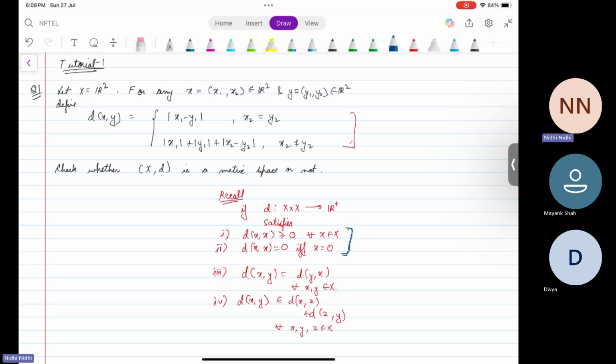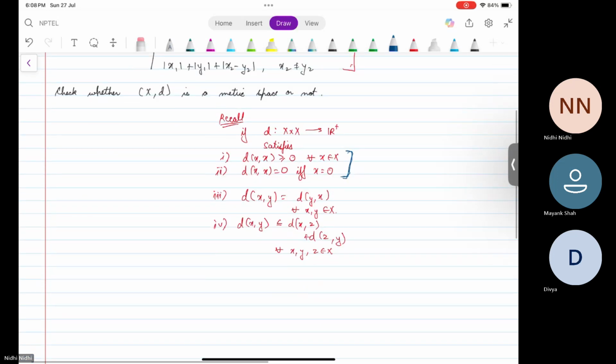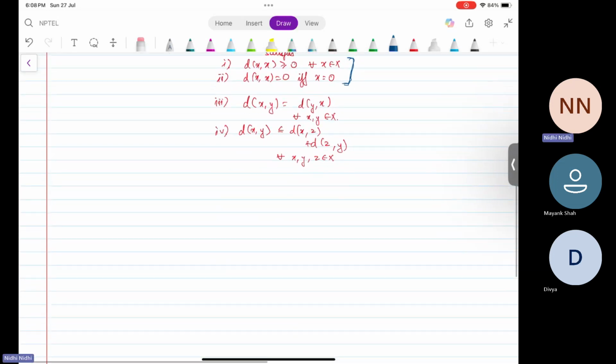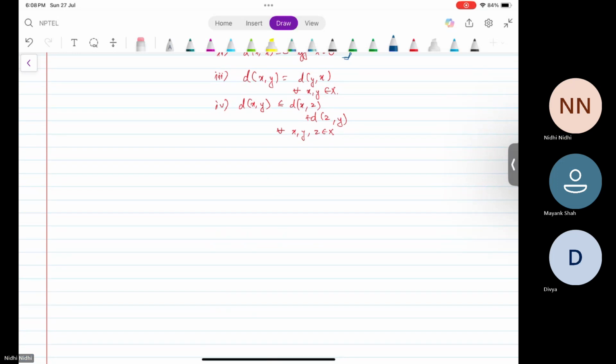Okay, so let me do this. Was anyone able to prove whether this is a metric space or not? Okay, fine, I'll do it.